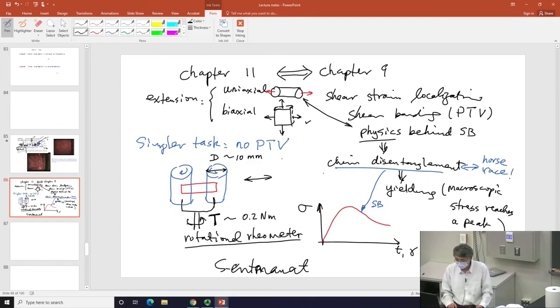So this guy who knows what he wants to do, he wants to use this device to examine, let's say, an elastomer. So he knows exactly what the stress level is required. And therefore, he comes up with a dimension of 10 millimeters.